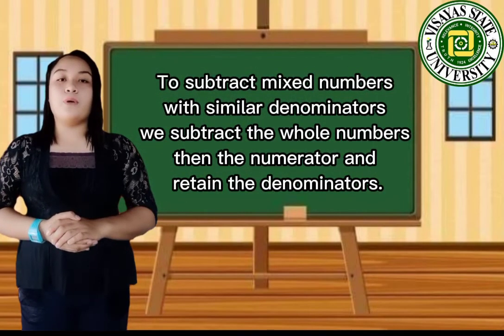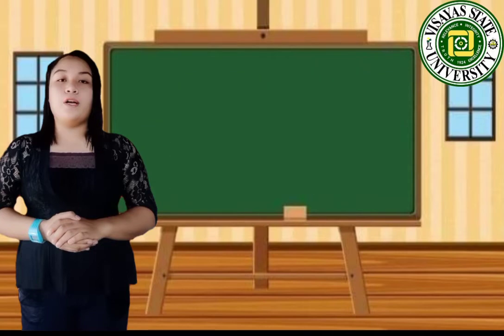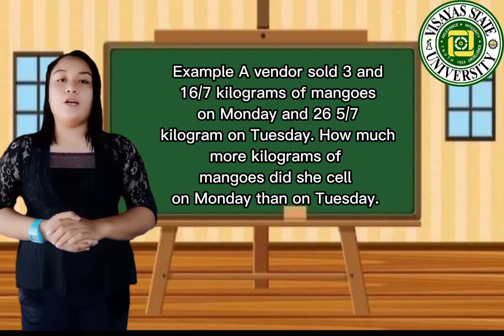To subtract mixed numbers with similar denominators, we subtract the whole numbers, then the numerators, and retain the denominators. Example: a vendor sold 31 6/7 kilograms of mangoes on Monday and 26 5/7 kilograms on Tuesday.